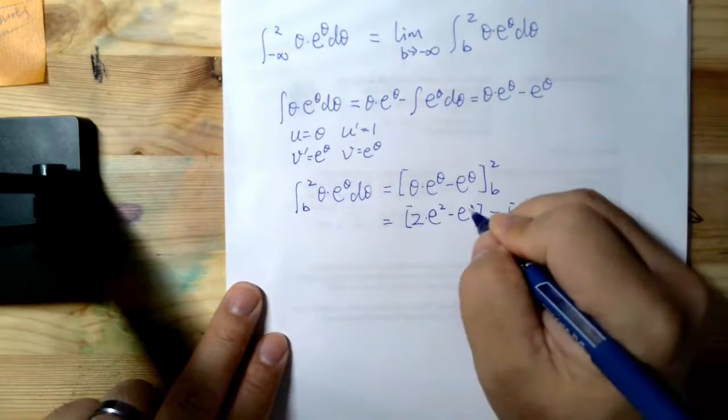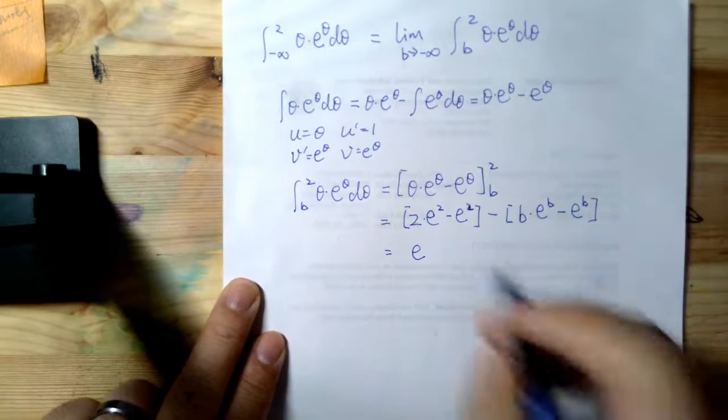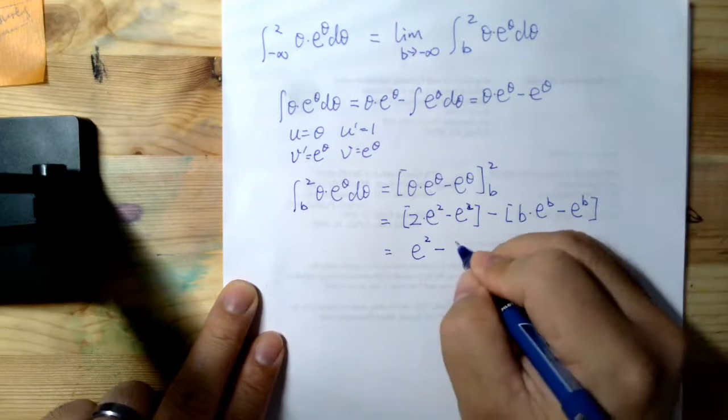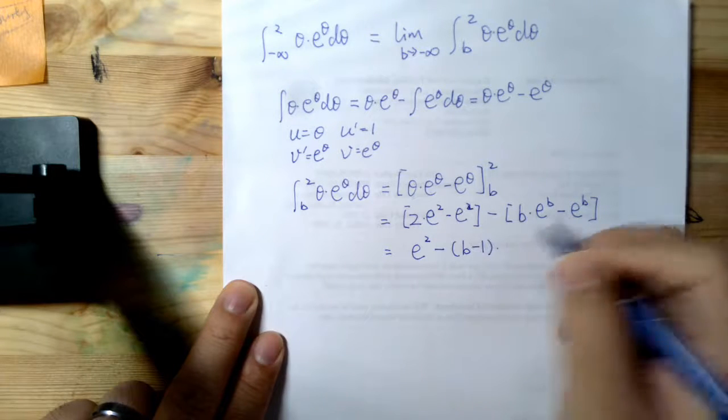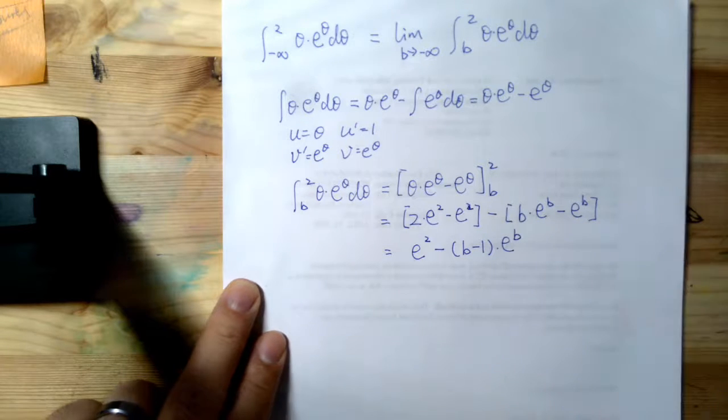If you simplify a little bit, it's going to give us e squared, and then minus (b minus 1) times e to the power of b.